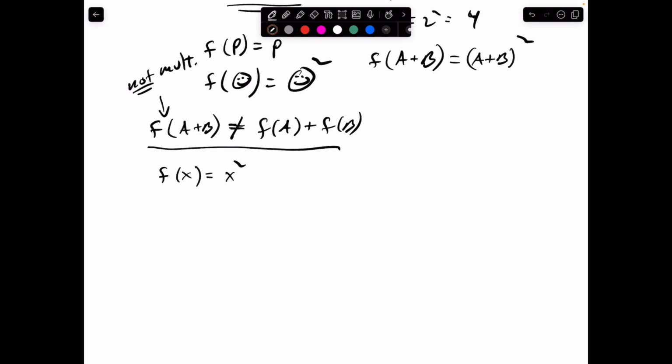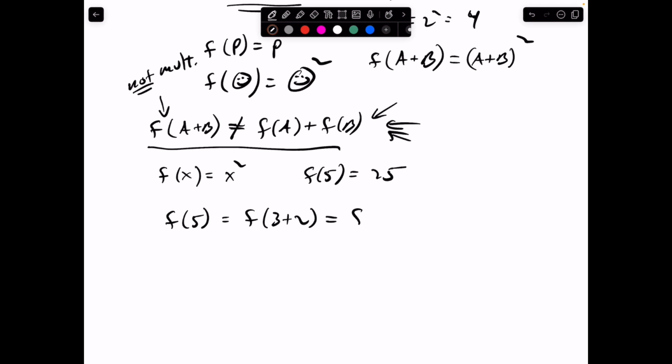In this case, f of 5 would be equal to 25. Now, if this thing here were true, then f of 5 would be the same thing as f of 3 plus 2, which would be equal to f of 3 plus f of 2.